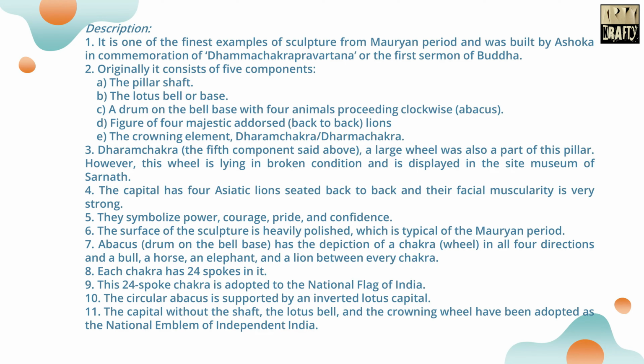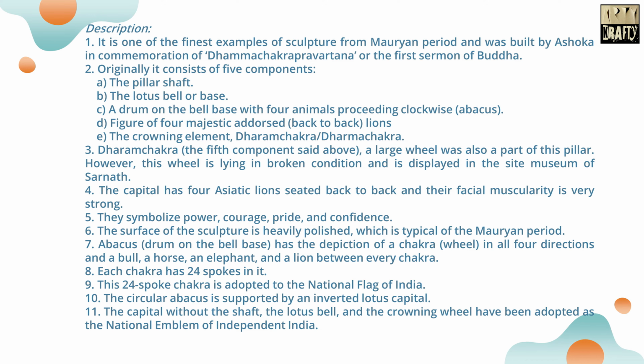Description: it is one of the finest examples of sculptures from the Mauryan period and was built by Ashoka in commemoration of Dharmachakra Pravartana, or the first sermon of Buddha.